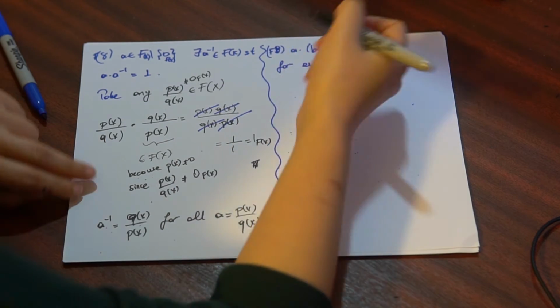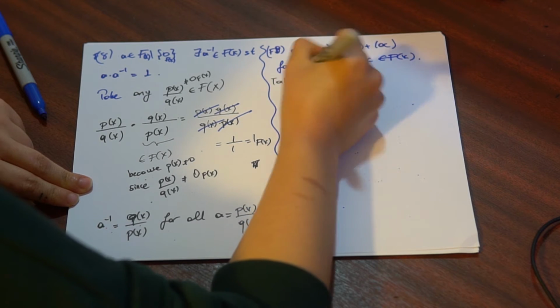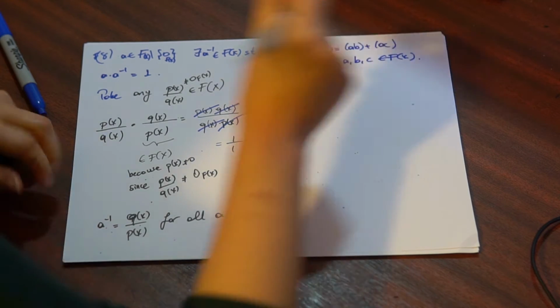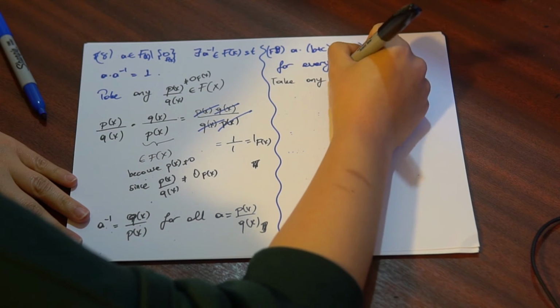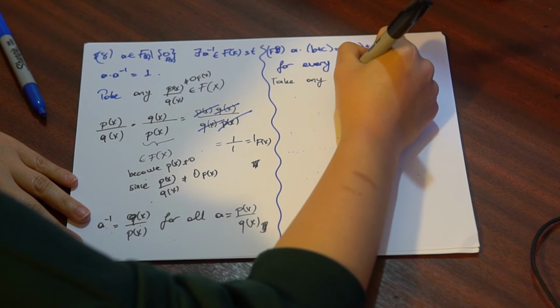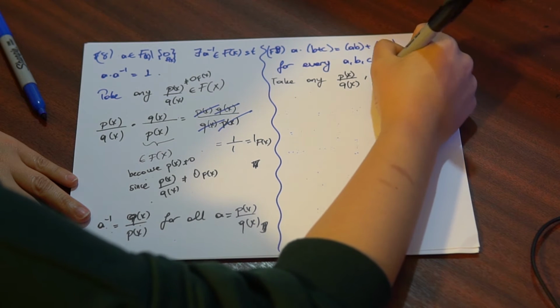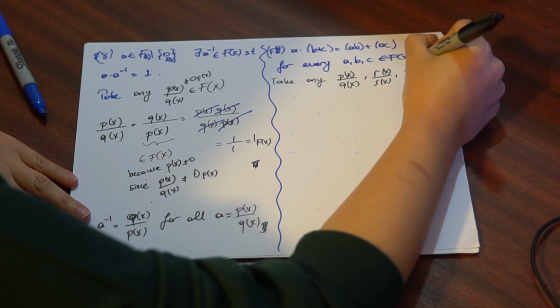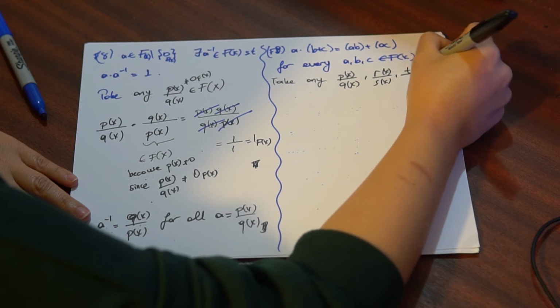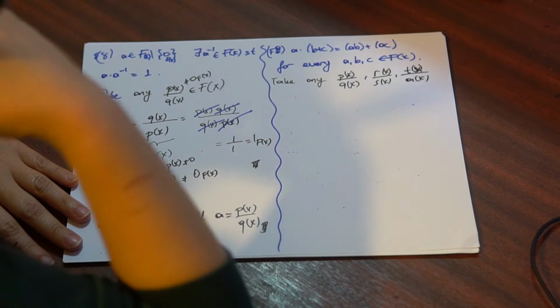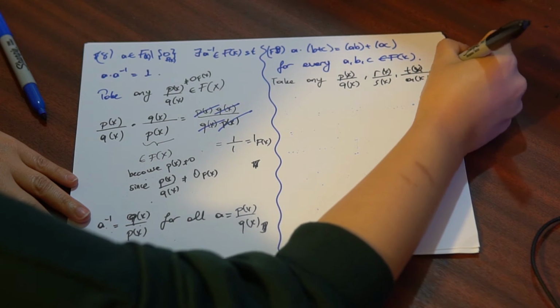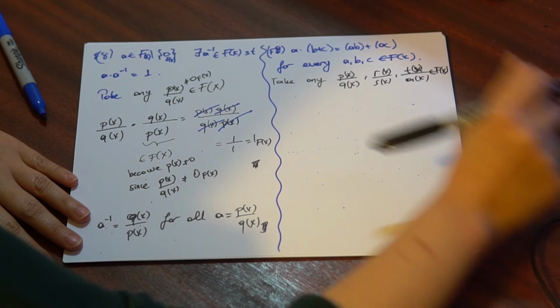Now again we need to take any p(x) over q(x), r(x) over s(x), t(x) over a(x) in the set of rational functions.